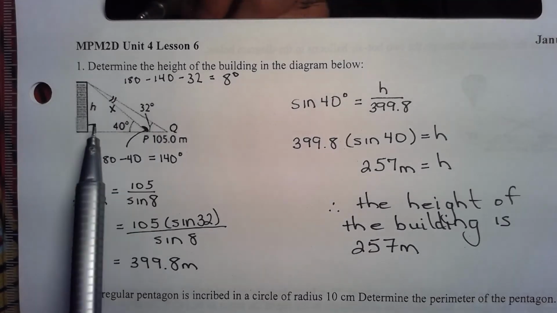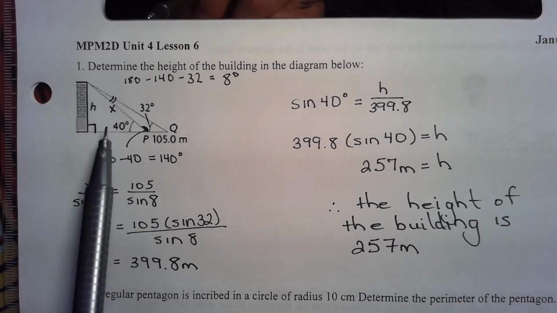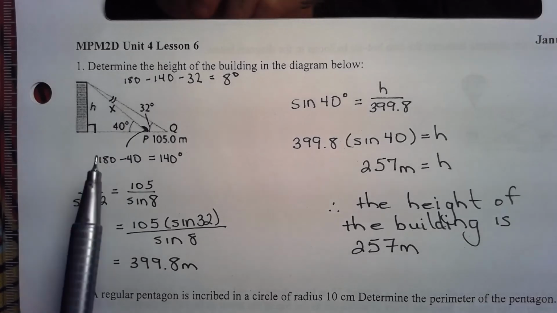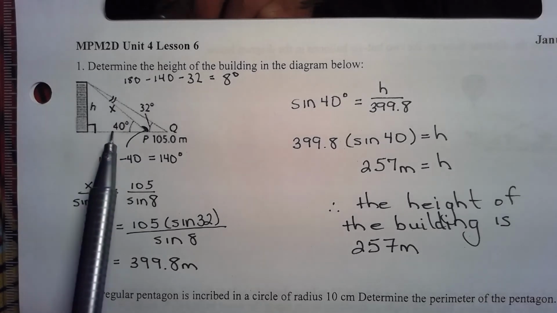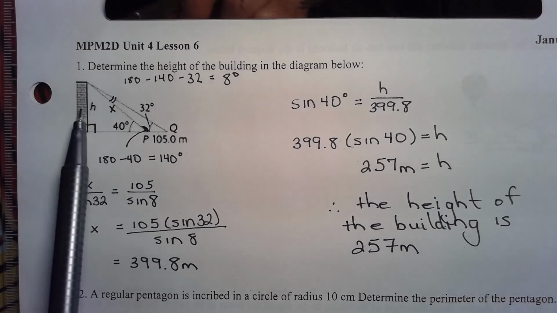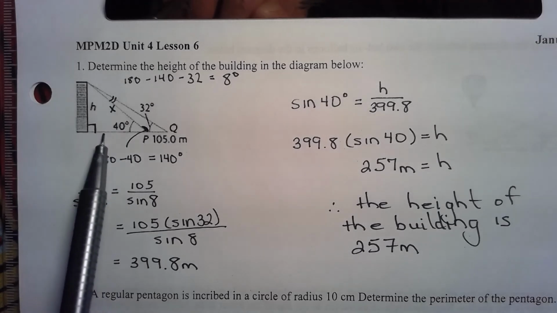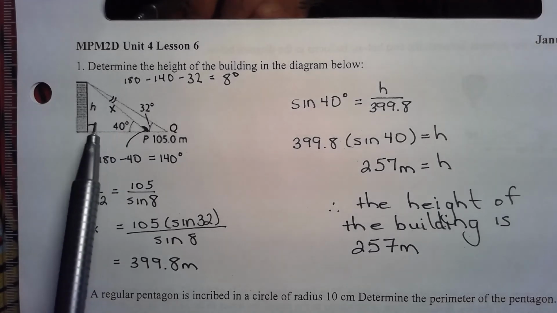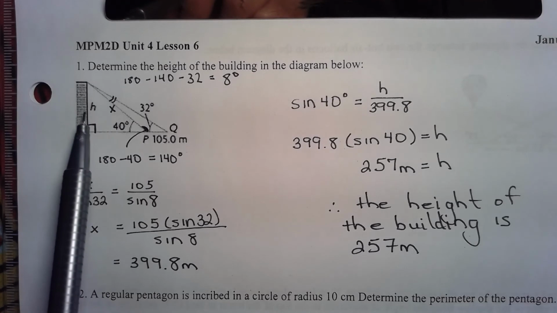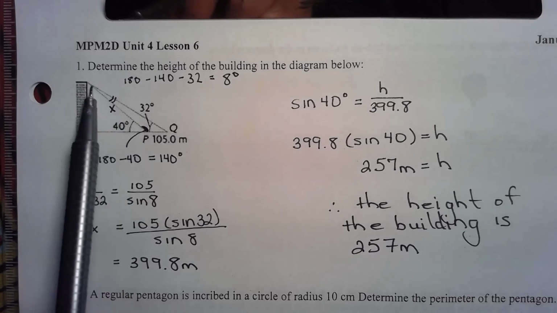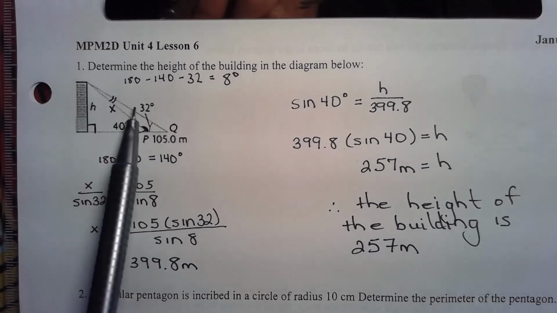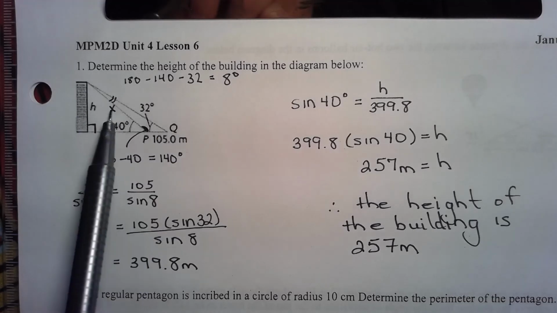In order to use either one, we need to know one other piece of information. So if I take a look at the smaller triangle, as long as I know one of these two sides in the smaller triangle, I can solve for my height using the sine ratio. Well, if I take a look at this other small triangle right here, it shares a side.